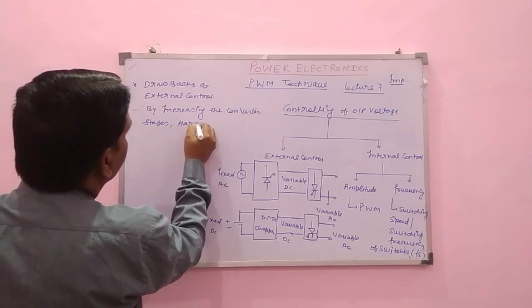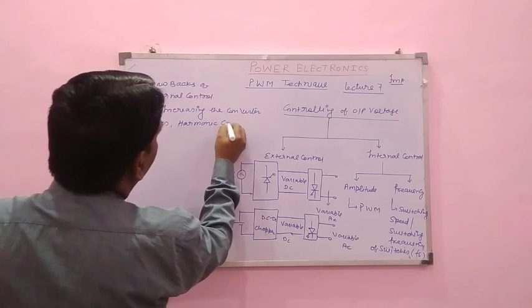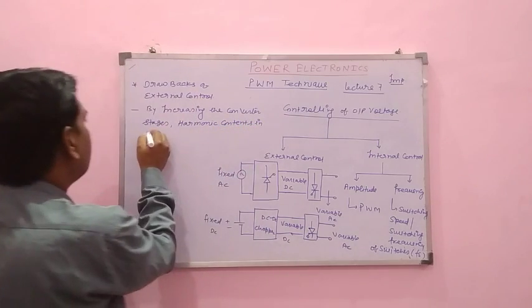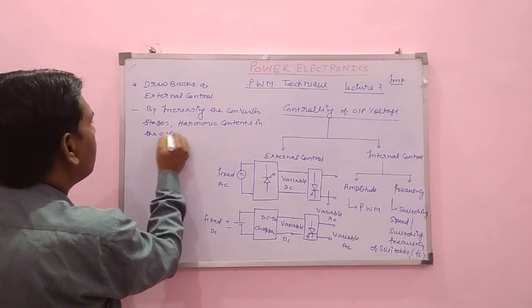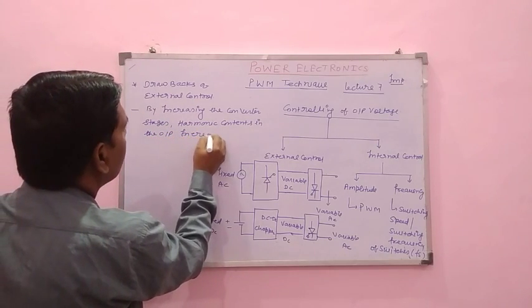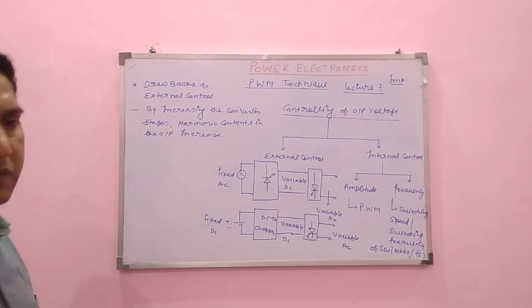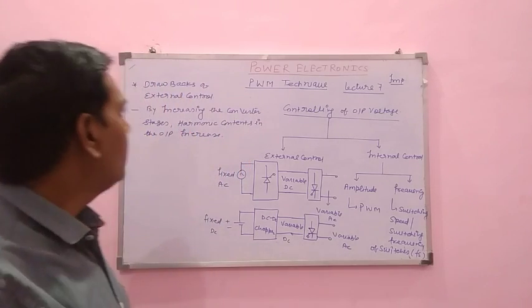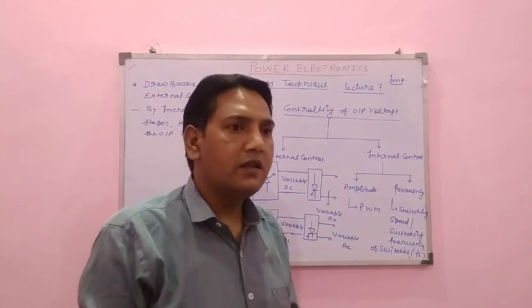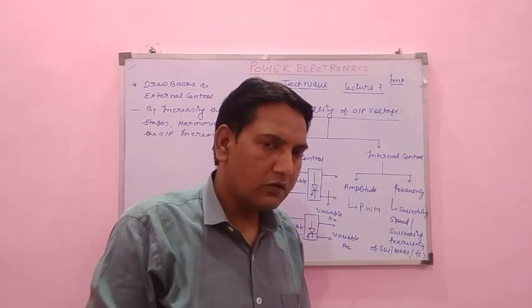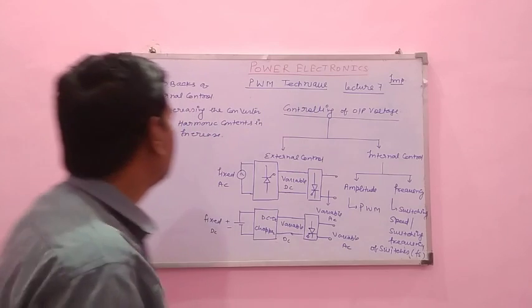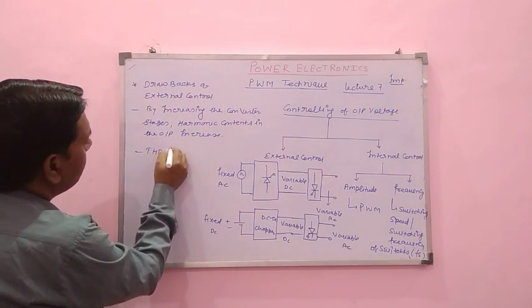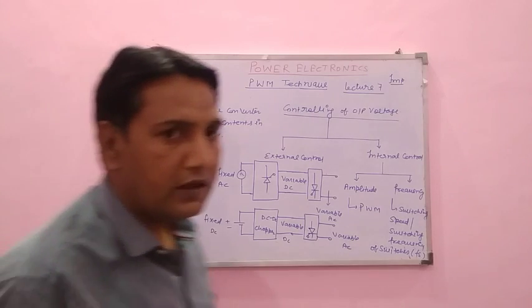Harmonic content in the output increases. Okay, means in the output, your harmonic content will increase. And if the harmonic content increases, the total harmonic distortion will increase. So THD will increase. That is not desirable.